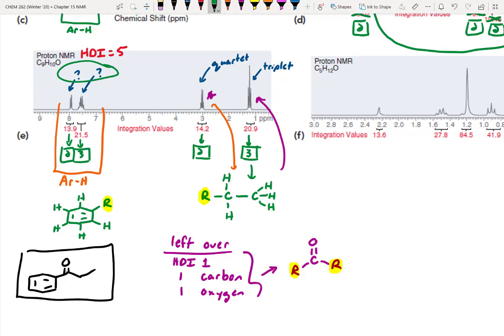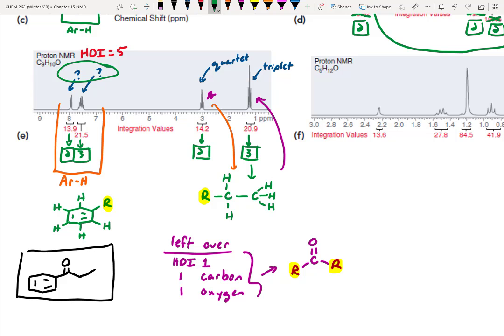One is they quite often overlap, meaning the signals are so close to one another that they physically overlap on top of one another. The other reason, it's more complicated, is that I told you that only 2 and 3 bond neighbors could split a proton, right? The reality is in aromatic systems, 4 bond neighbors do a little bit of splitting too. But it's really, really minor, but major enough to muck up the whole picture a little bit.